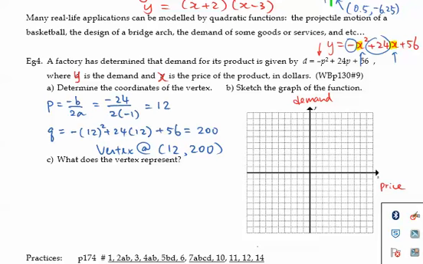So to accommodate the big numbers here, 12 and 200, I will have 50, 100, 150, and 200 on my y-axis. And here I probably will go with 2, 4, 6, 8, and 10, 12, 14, 16, 18, and 20.